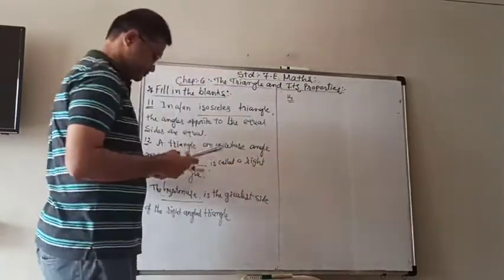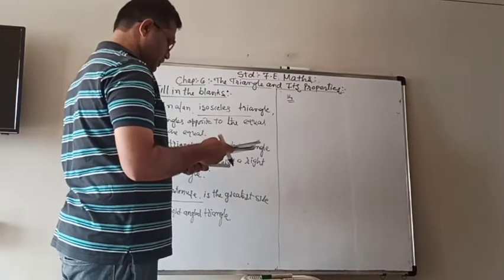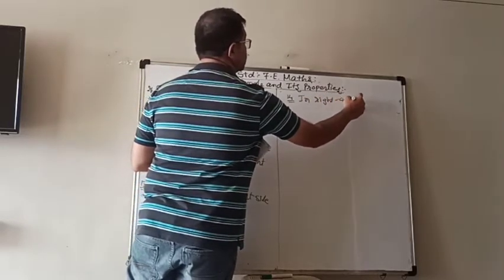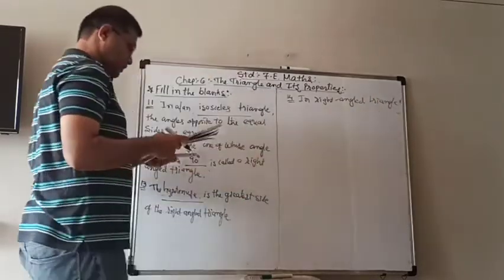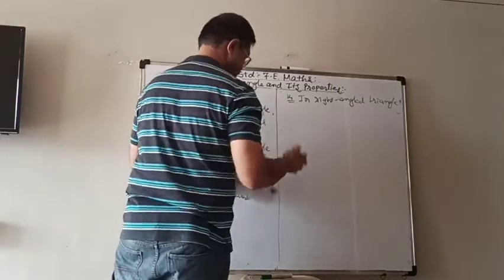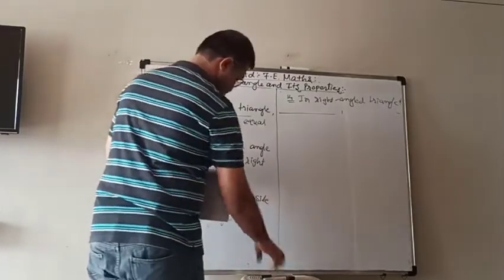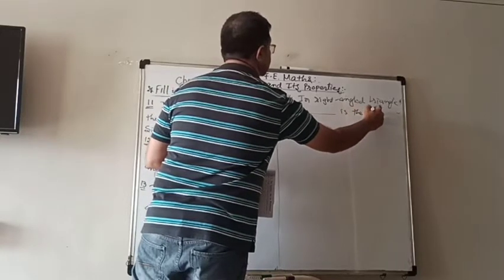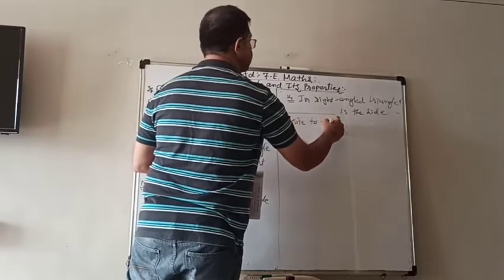Blank number 14th. In a right angled triangle, blank is the side opposite to the right angle.